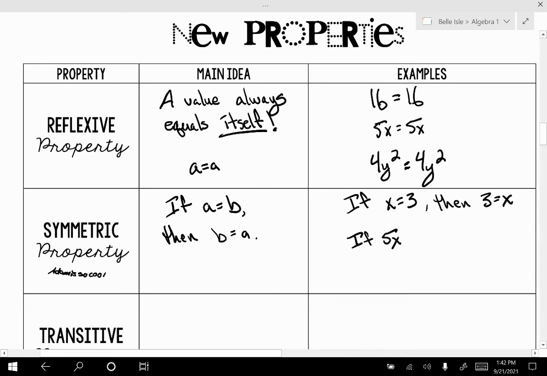So if 5X equals 30, then 30 equals 5X. Did you write that on your paper?